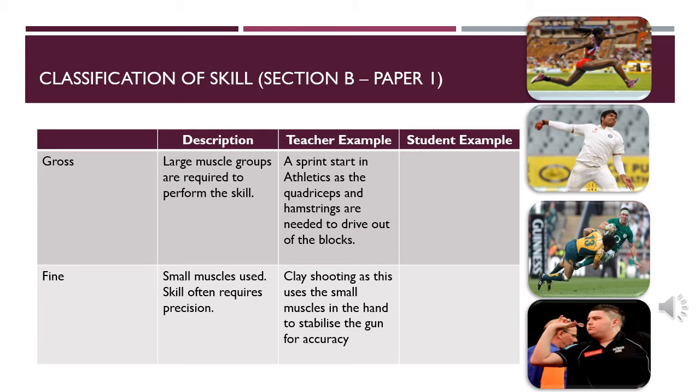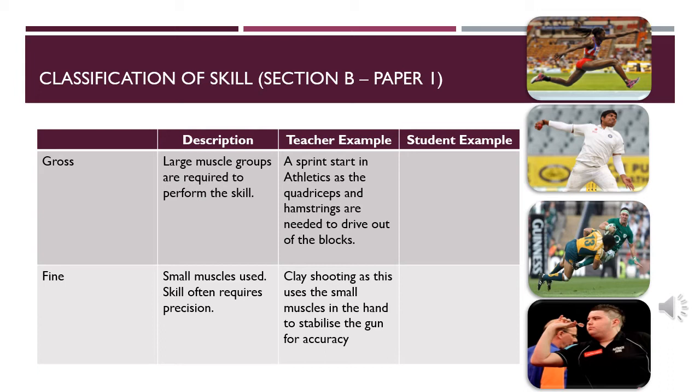Classification of skill is part of the skill acquisition section on Paper 1, Section B. You may have looked at the classifications of skill for GCSE. The A-Level expands on this knowledge and looks at it in a bit more depth, and the continuums change slightly.